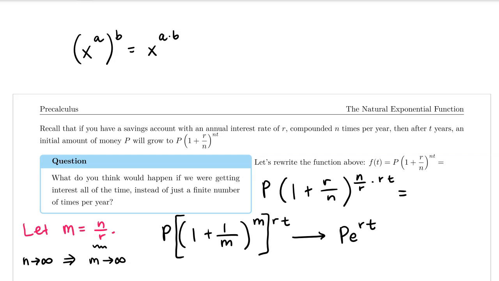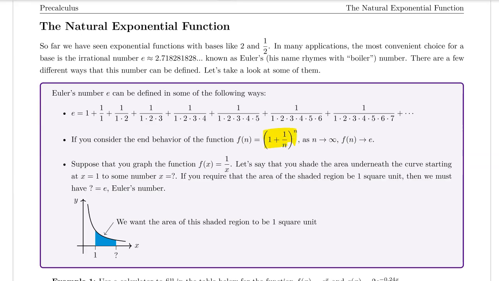We know that because the thing inside of our brackets, we've seen this before in our definition of e. Let me return that definition to you really quickly. We have this really interesting function from earlier, and it has the property that if you have the input value go off to infinity, then the output value of this function approaches the number e.